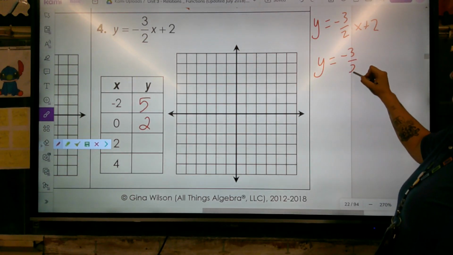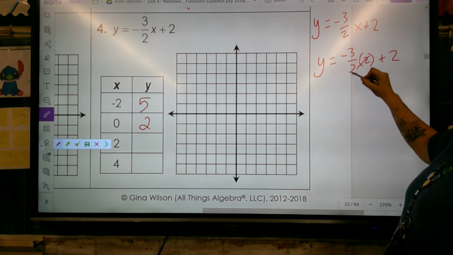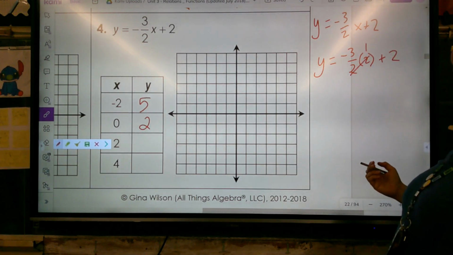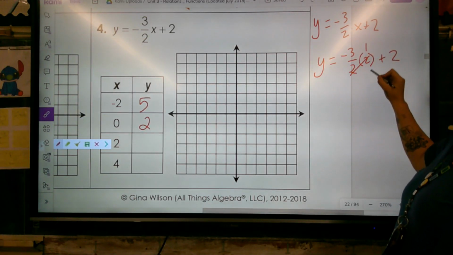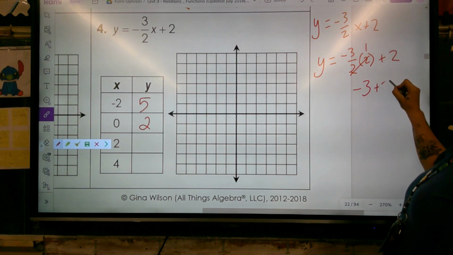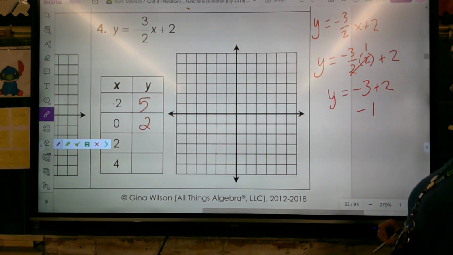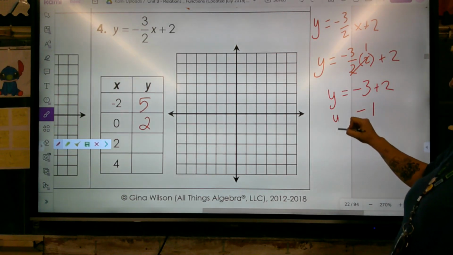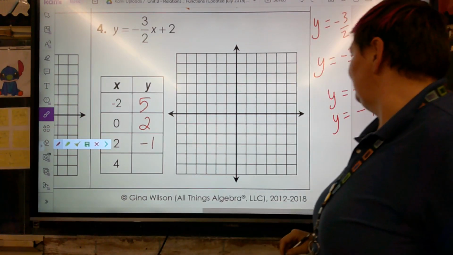Negative 3 over 2 times 2 plus 2. This becomes 1, because any number over itself is 1. Negative 3 times 1. Y is equal to negative 1. So when x is 2, y is negative 1.